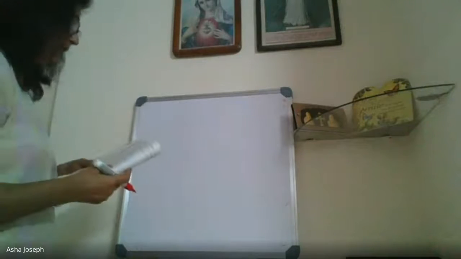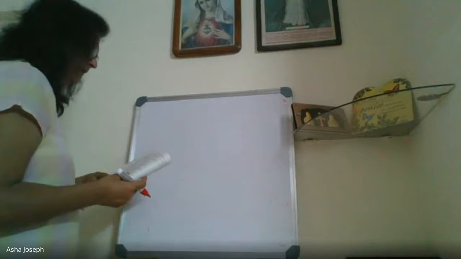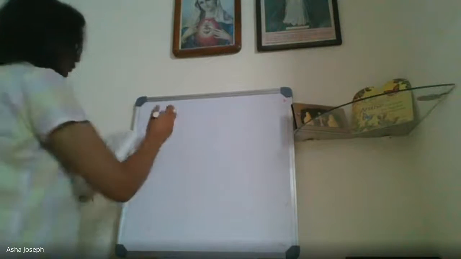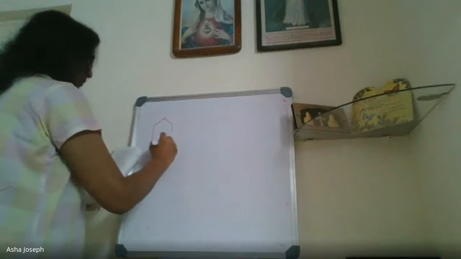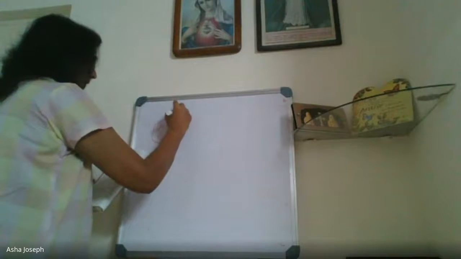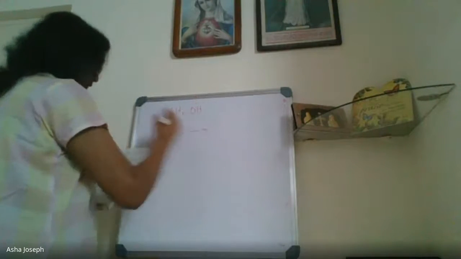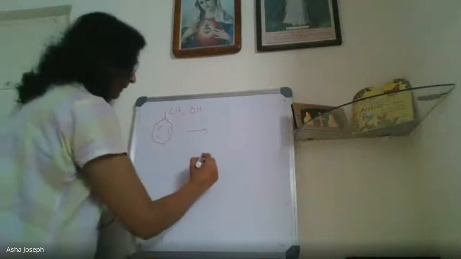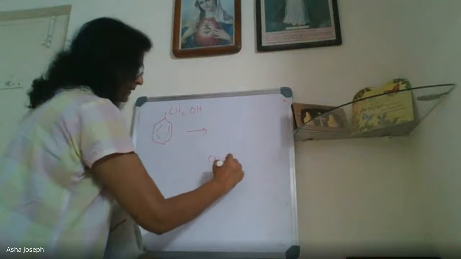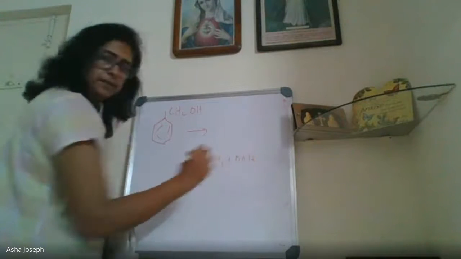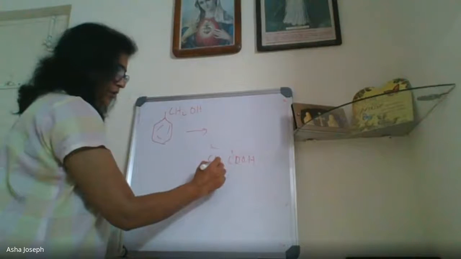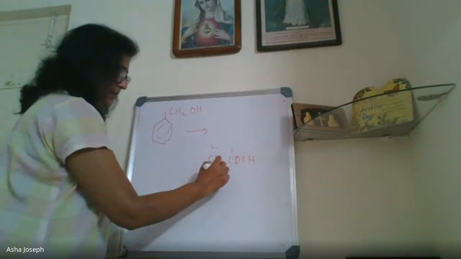Next conversion is benzyl alcohol to 2-phenyl ethanoic acid. So this is the benzyl group. See, ethanoic acid is this, right? This is carbon 1, this is carbon 2, and on the second carbon is the benzene ring.